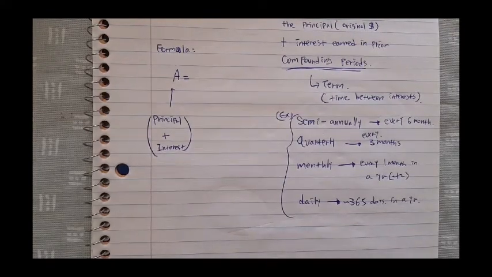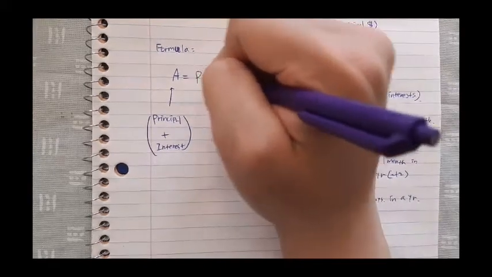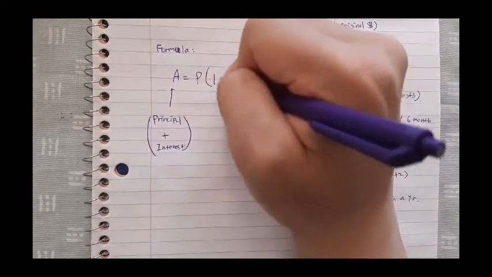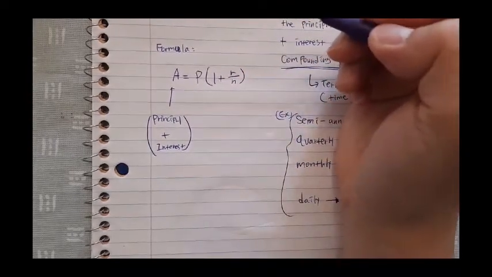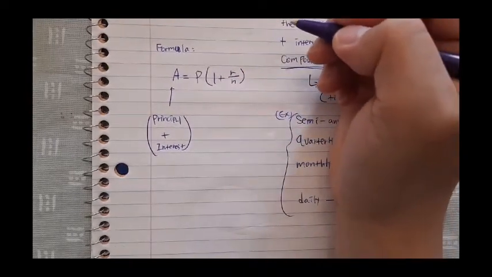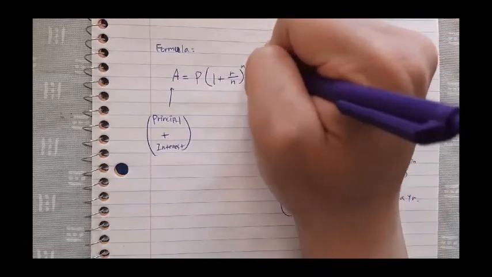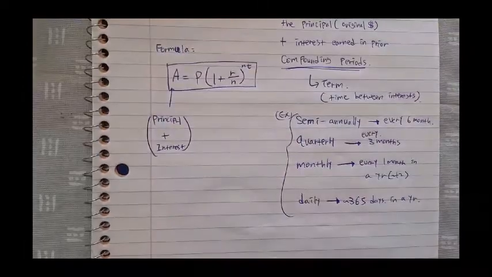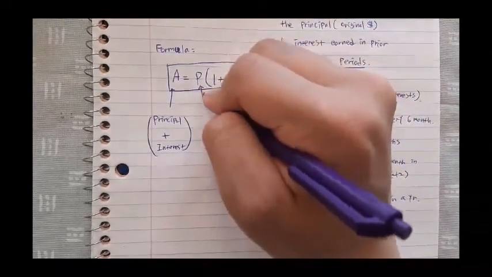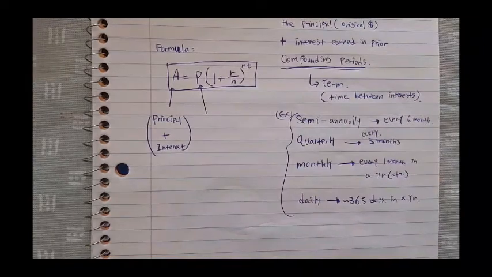Principal plus interest: A = P(1 + r/n)^(nt). You do not need to know where this formula comes from, but you need to know what each variable stands for.